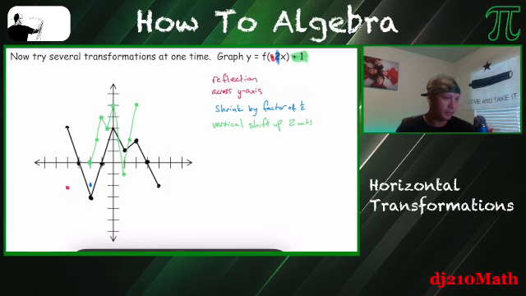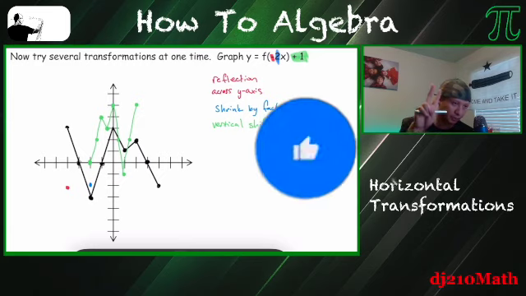All right, so hopefully you can see where it's clear that it was reflected first, and then we compressed it by 1/2, and then we shifted it up 2.